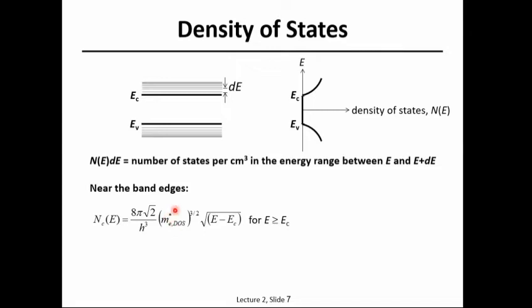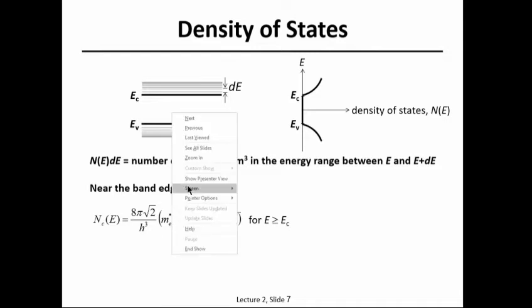Now the subscript is effective mass, because it's inside the material, and in a minute I will show you what we mean by effective mass and how we can calculate it. Again, for every material, the effective mass of the electron will be given relative to the free mass, m0.